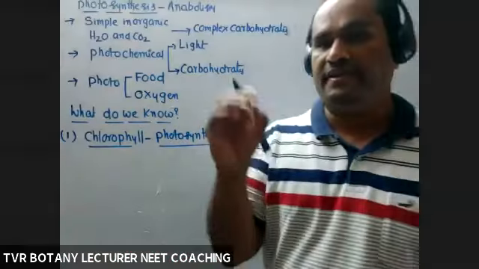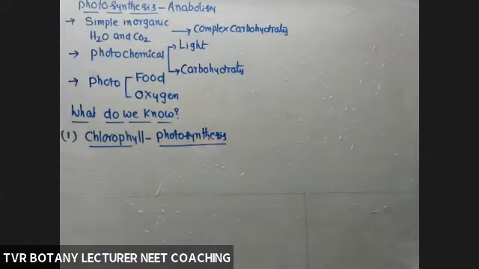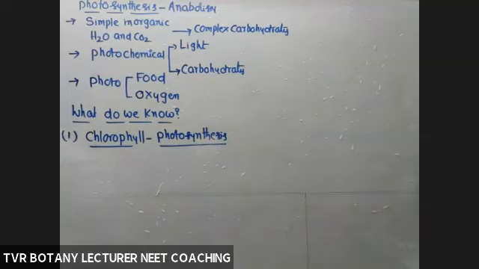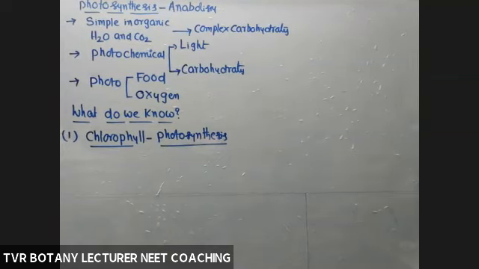In addition to the leaf, certain areas where chloroplast or chlorophyll is present are able to perform photosynthesis. For example, roots with chlorophyll, photosynthetic roots, Taeniophyllum. If you go back to morphology, under the heading modified roots, Taeniophyllum, photosynthetic roots. But the major part is definitely the leaf.